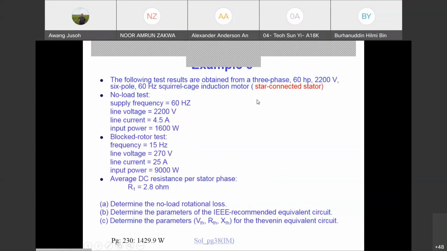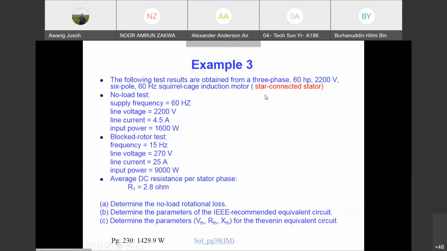Okay, the machine is connected as star. Star means line current equals phase current, but the phase voltage equals line voltage divided by root 3. So when you read the question, you need to be careful whether it's star connected or delta connected. So in this example, they say star connected.